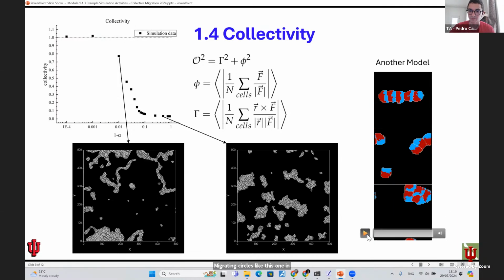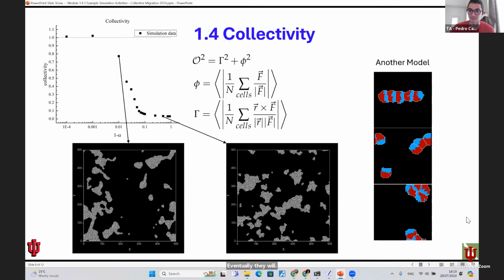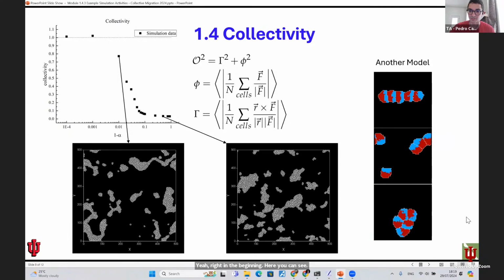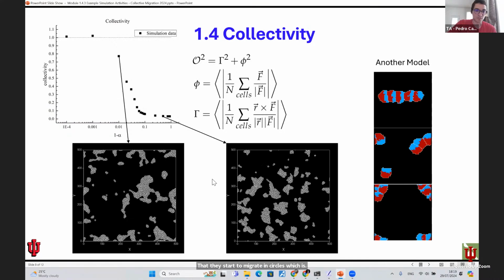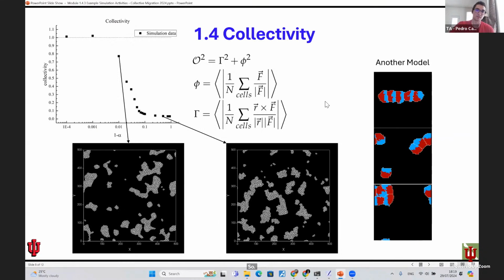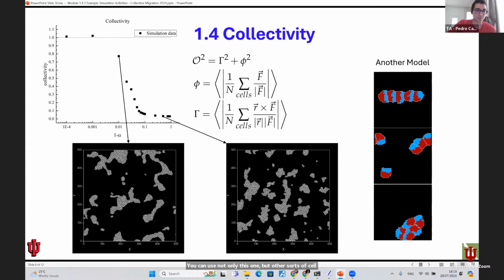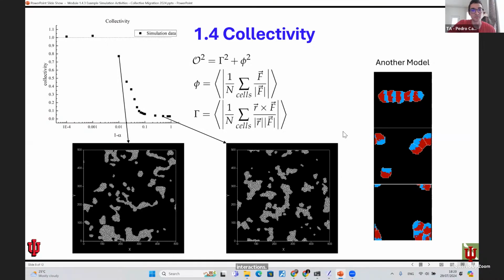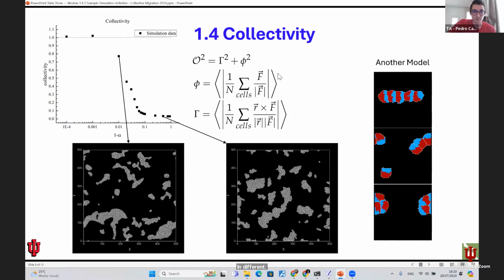Right in the beginning here, you can see that they start to migrate in circles, which is fascinating. So you can use not only this one, but other sorts of cell interactions to achieve collective migration in different kinds of morphologies. Thank you.